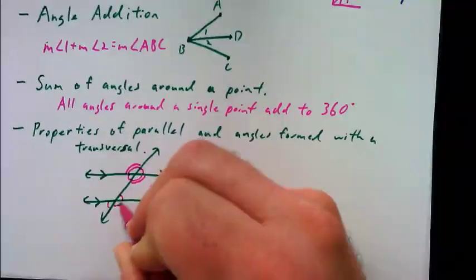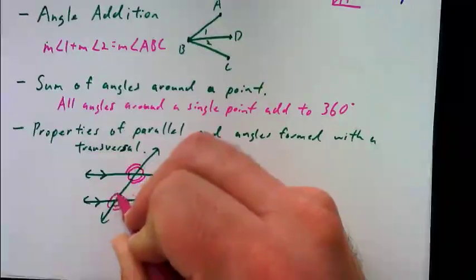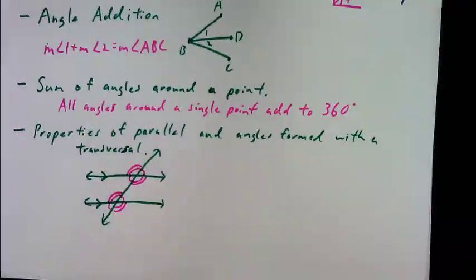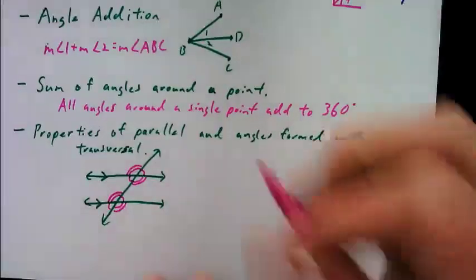So, I'm marking them as congruent by using the same number of arcs in the ones that are equivalent. So in this diagram, all the acute angles are congruent. All the obtuse angles are congruent.